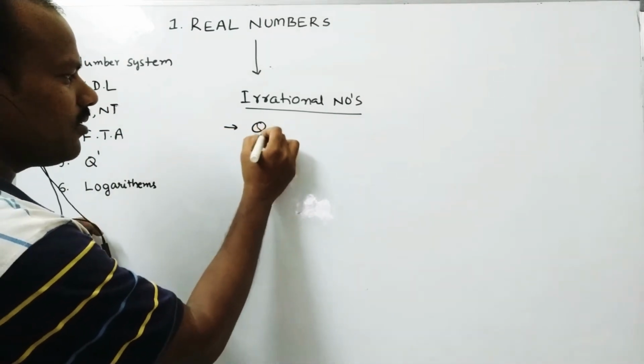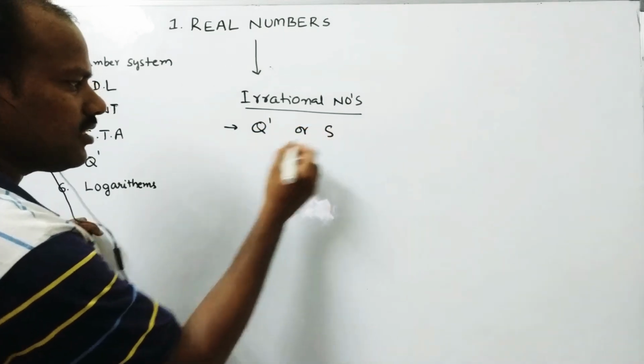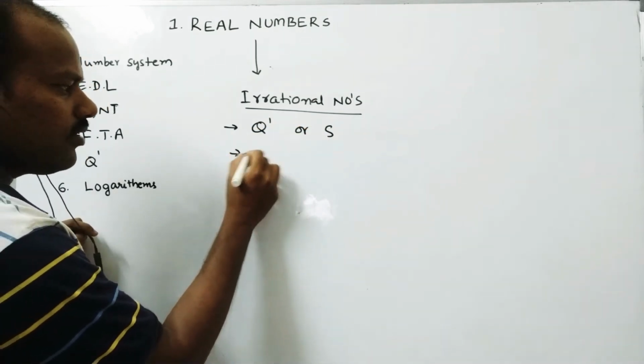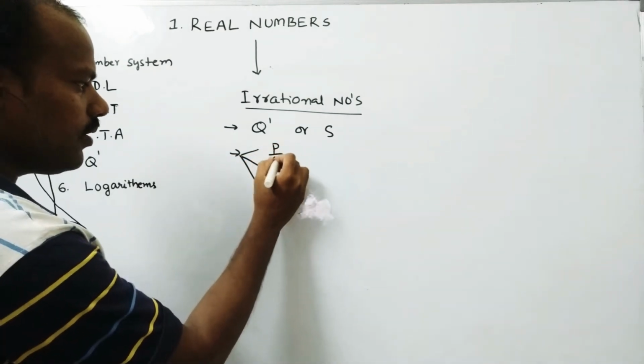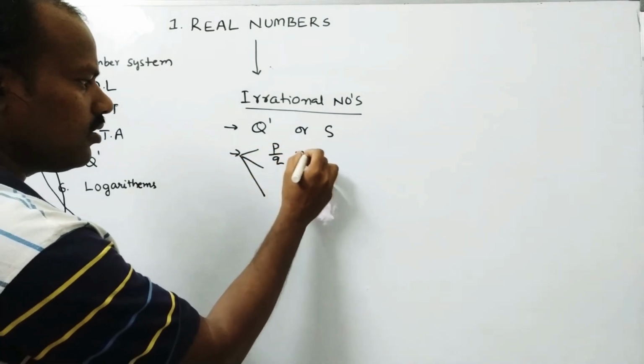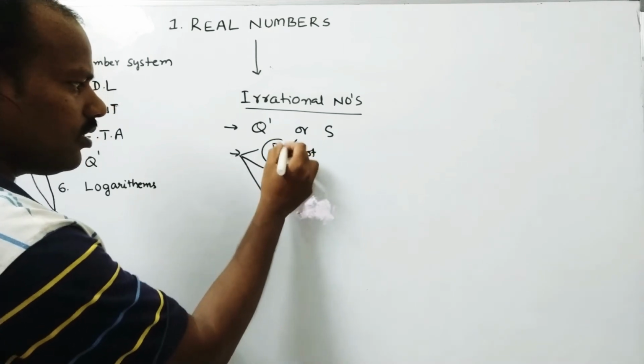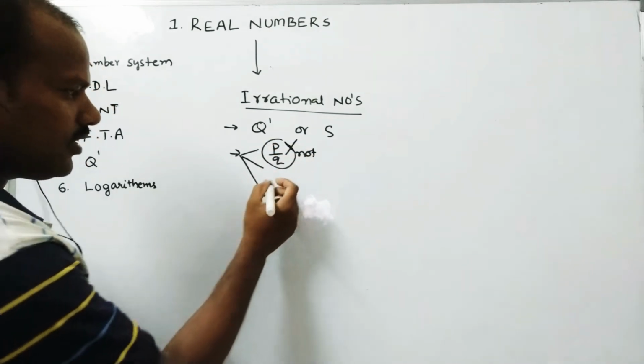You can write three different definitions for this. The first definition: numbers which are not in p by q form.